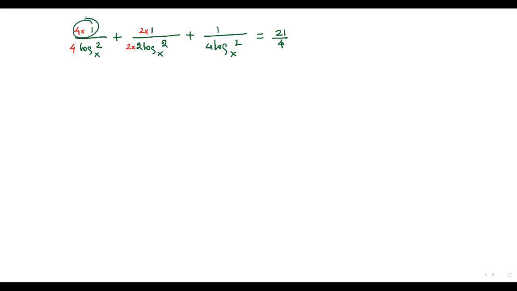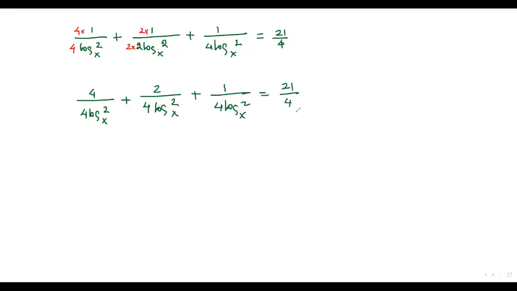Now 4 times 1 is 4 over 4 times log 2 to the base x, positive 2 times 1 is 2, 2 over here, 2 times 2 is 4, 4 times log 2 to the base x, positive 1 over 4 times log 2 to the base x equals 21 over 4. Now we have all the 3 fractions with the same denominator.